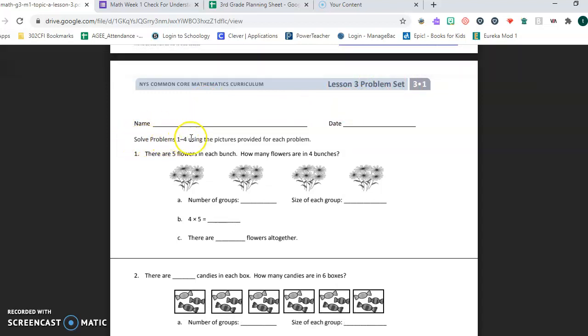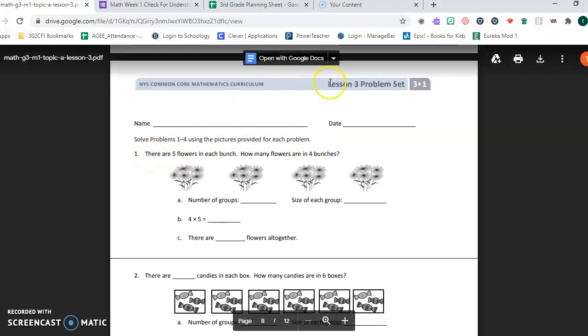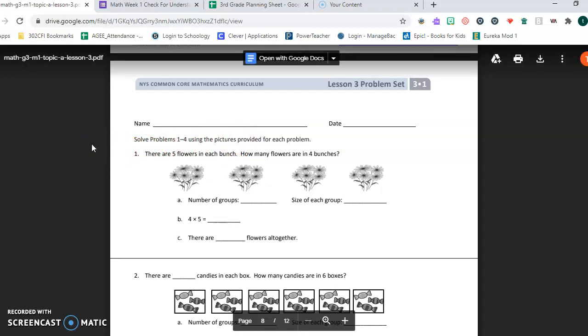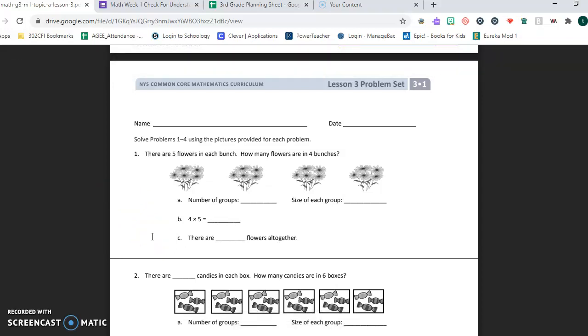Solve problems 1 through 4 using the pictures provided for each problem. Okay, so here, your job is going to be to complete lesson 3 problem set. And usually in class we do a few examples together, and I will have students continue on with the work and then move into the homework to do more independently. So we get a chance to see what the expectations are.